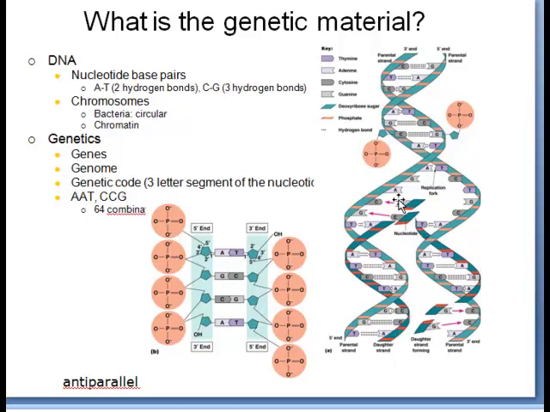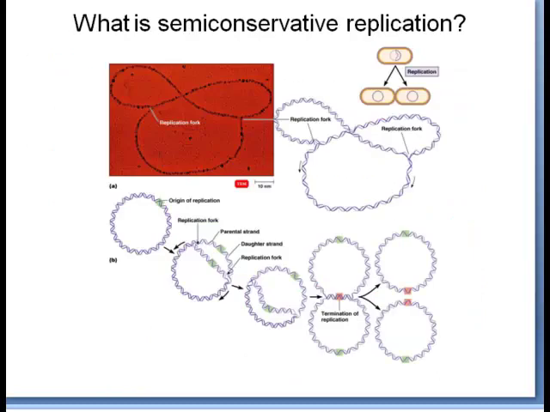So this is semi-conservative because the new DNA molecules will be one old, one new. If we had all old or all new, it would be either conservative or totally new. So it is semi-conservative because it keeps the original strand from parent to the next generation.